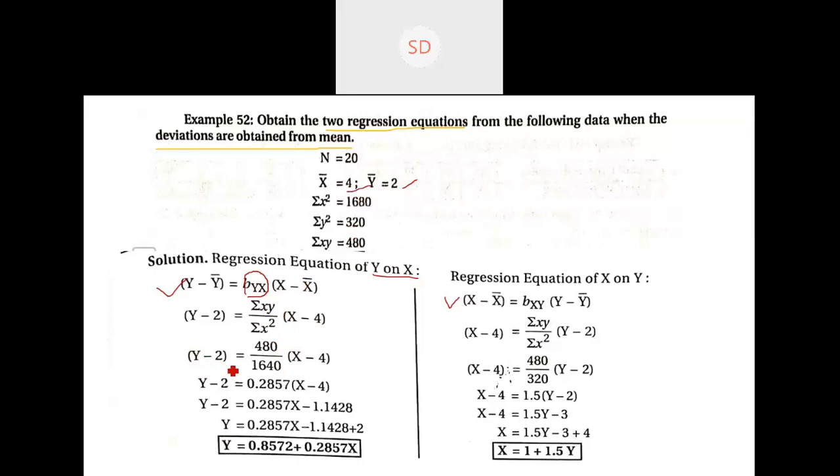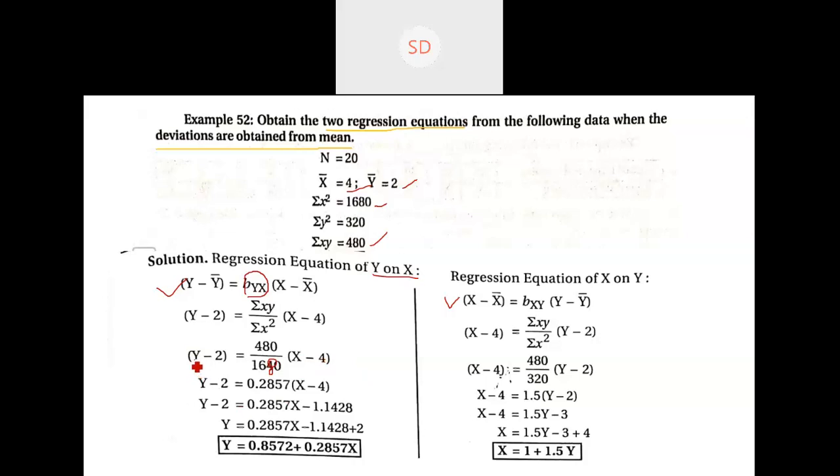Then y minus 2 is equal to sigma xy is given to us 480 divided by x square is 1680. Okay, I'm not sure if the question is wrong or the solution numbers are wrong. Okay, let's just take this as 1680. Okay, then x minus 4. I will just check on these values and let you know.